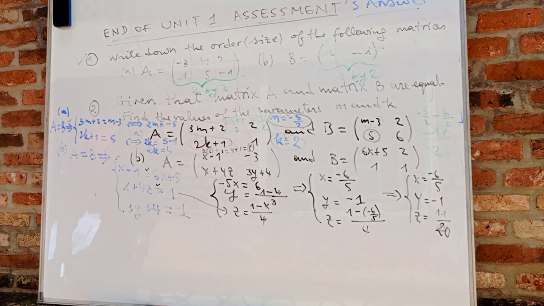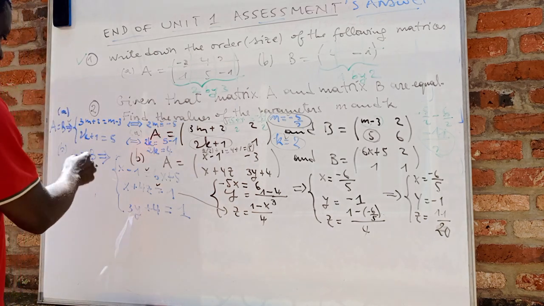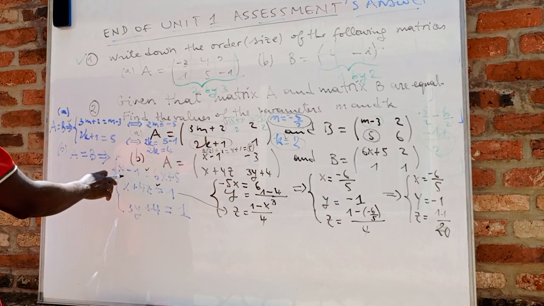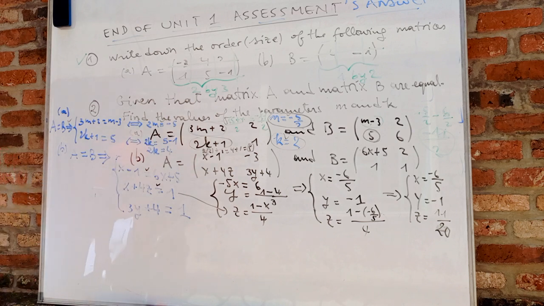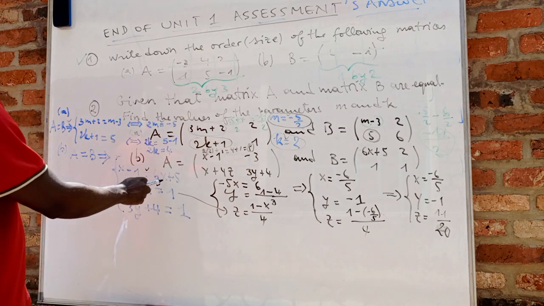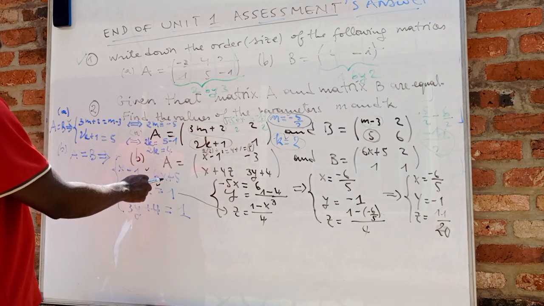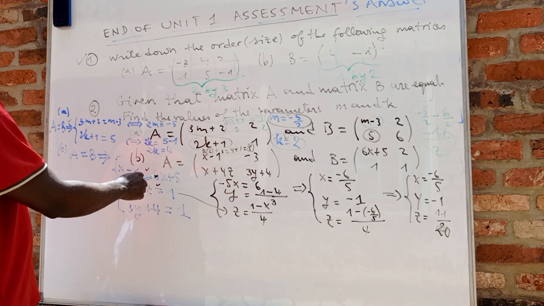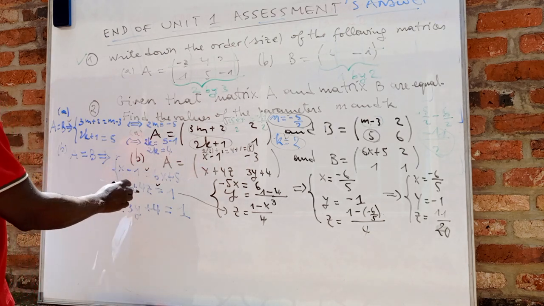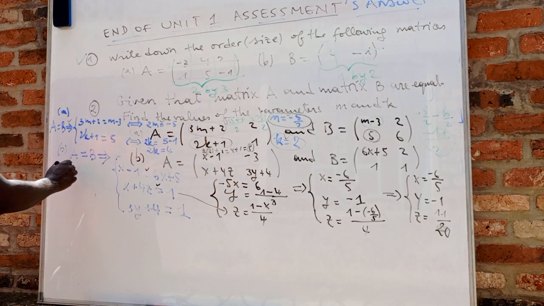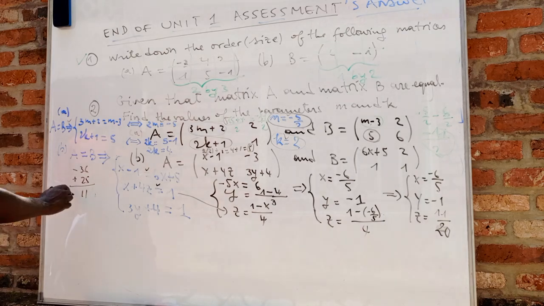Okay, checking for values of x. So if x is equal to negative 6 over 5, minus 1 is going to be negative 11 over 5. So substituting here, negative 6 over 5 times 6 is negative 36 over 5 plus 25 over 5, so this is negative 11 over 5.